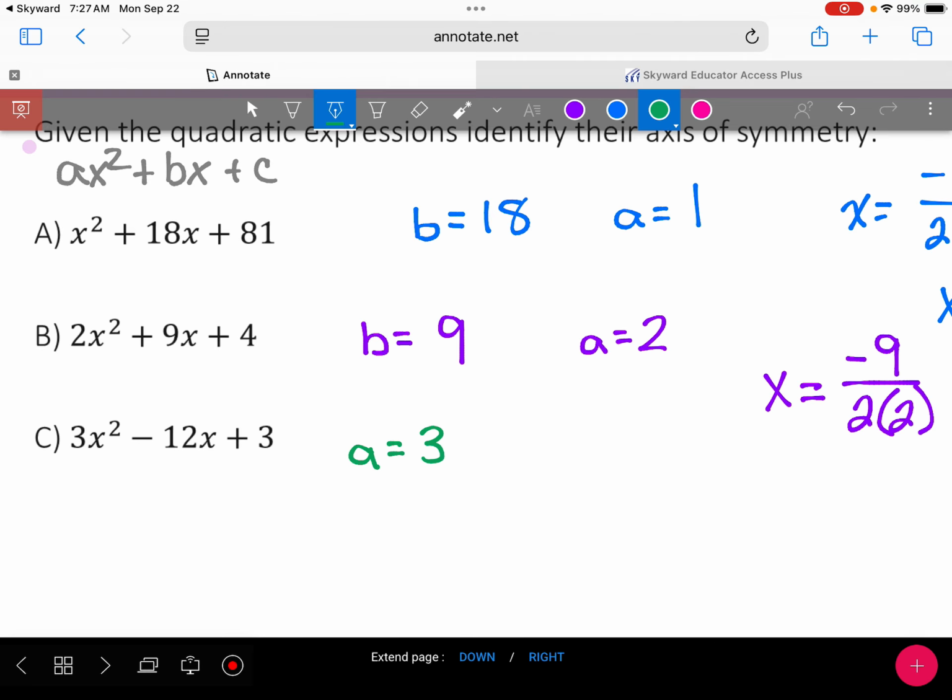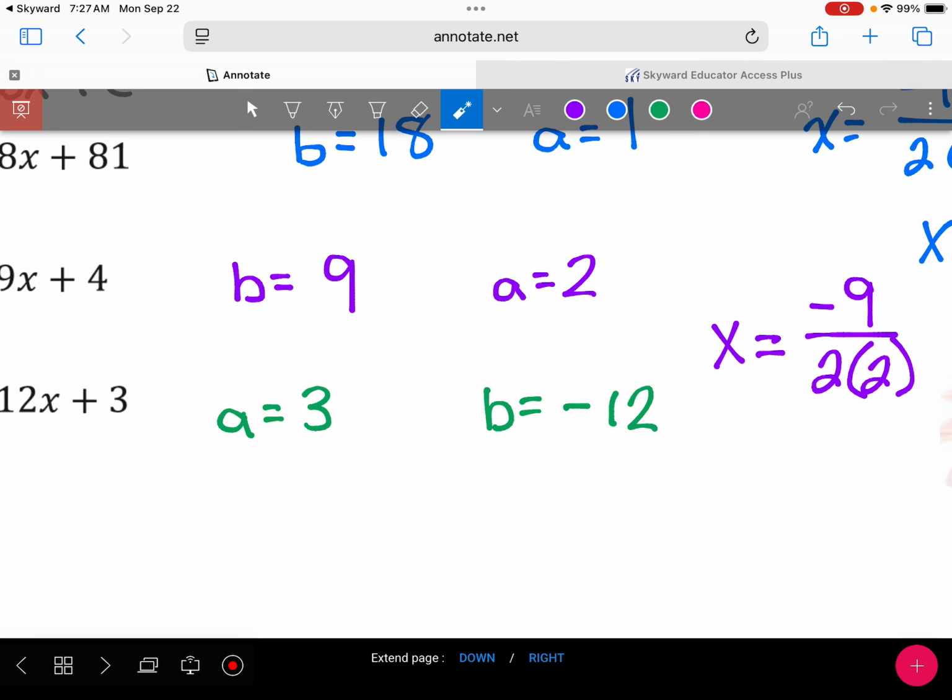3. What is our b? Close. Negative 12. This minus sign goes with the b. So for our axis of symmetry, we're going to have the opposite of our b, negative 12, over 2 times our a, that's 3.